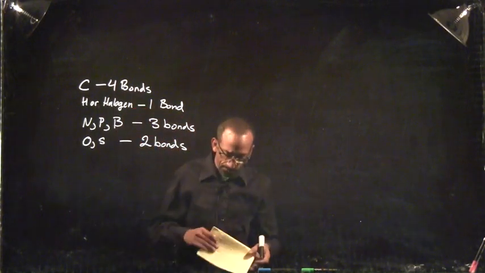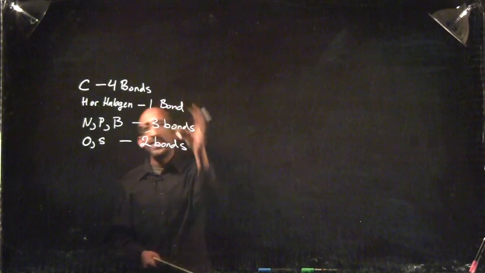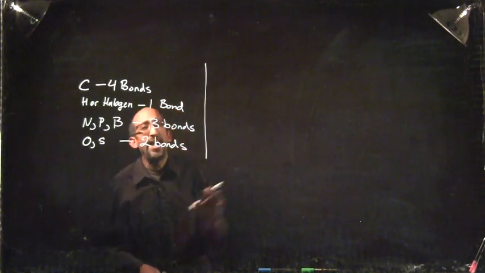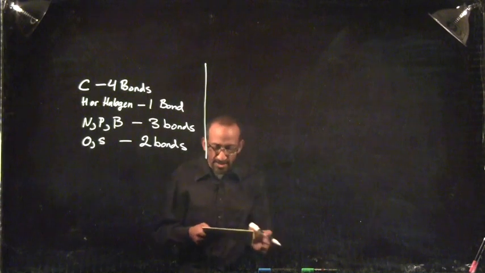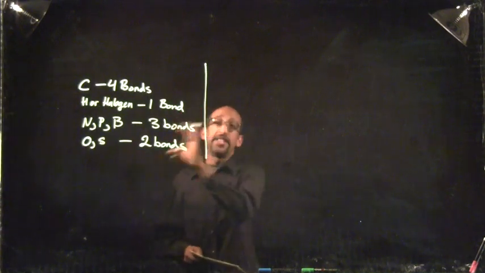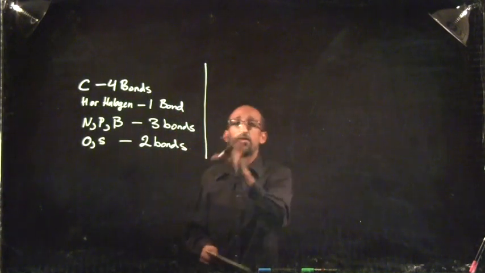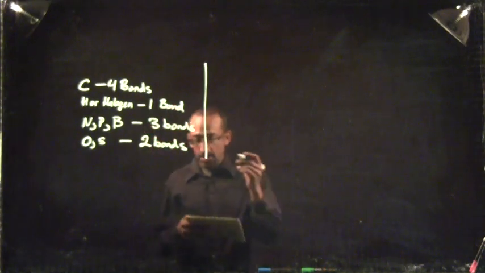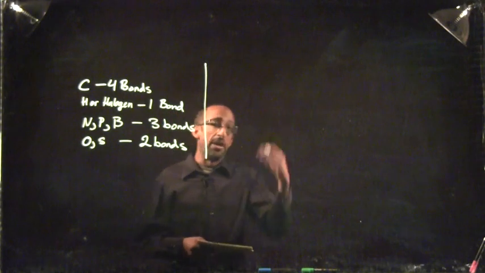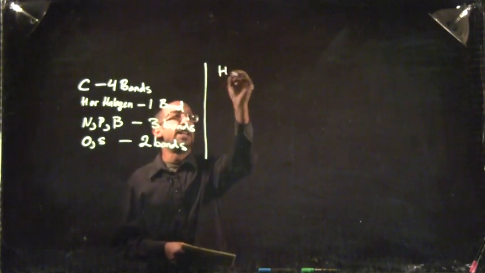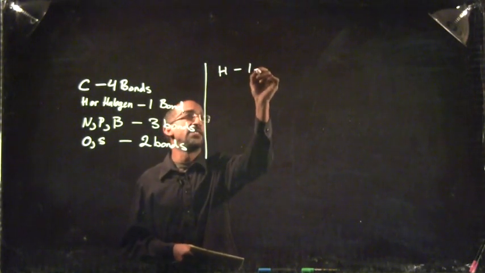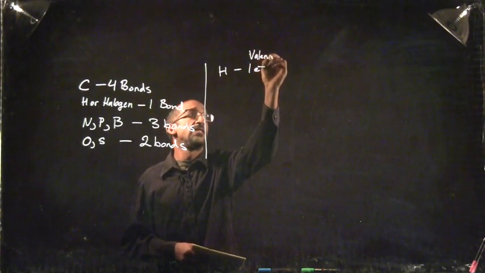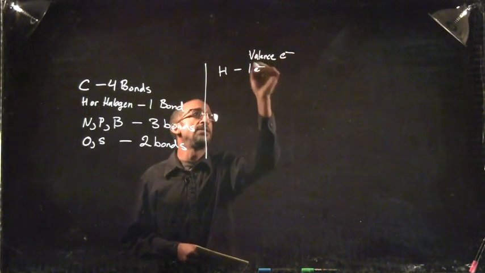form 2 bonds. So next, to be able to do a good Lewis structure, we need to have in our minds the number of valence electrons that each of these atoms will typically bring to bear in the molecule. So just going from smallest number to highest number, hydrogen has 1 valence electron. So these are valence electrons.